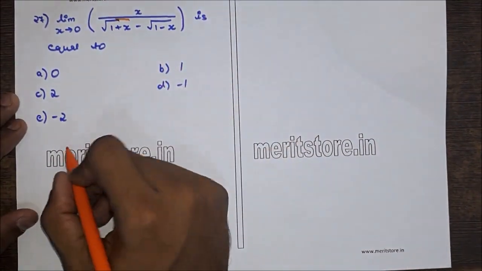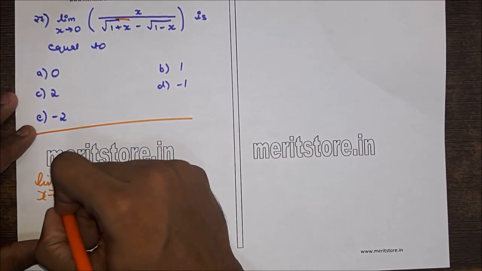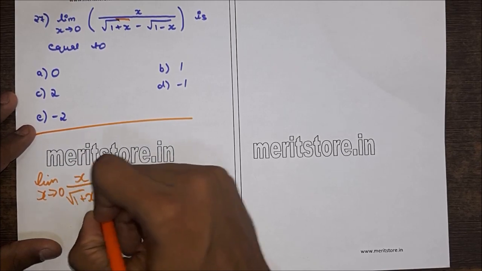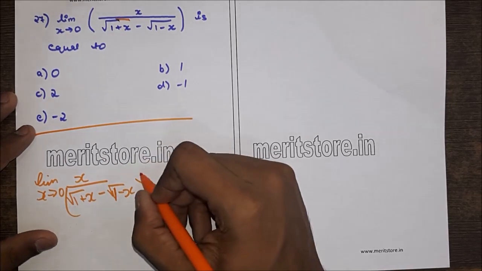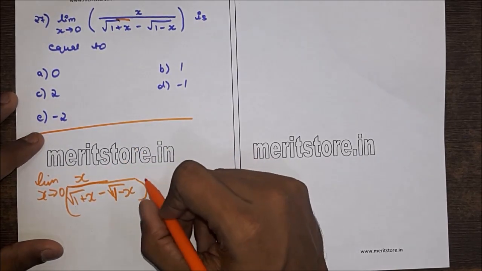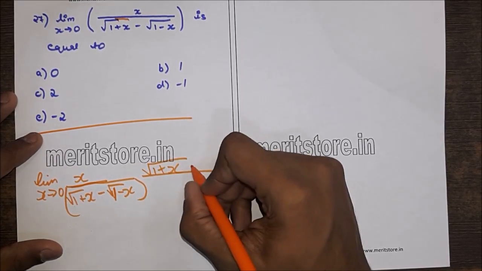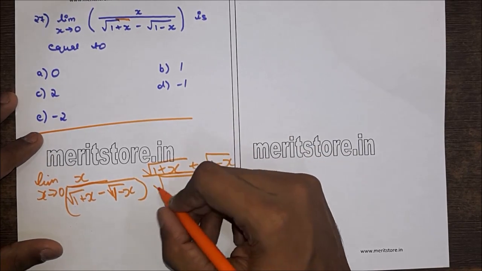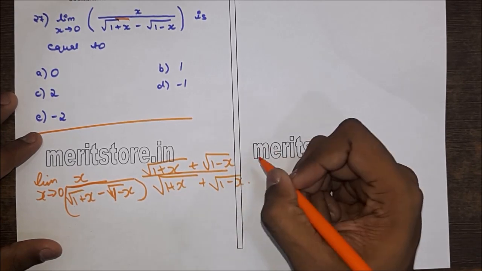So therefore we could write it as limit of x tends to 0, x by root of 1 plus x minus root of 1 minus x, and we multiply and divide by the denominator's conjugate. That gives us root of 1 plus x plus root of 1 minus x upon root of 1 plus x plus root of 1 minus x.